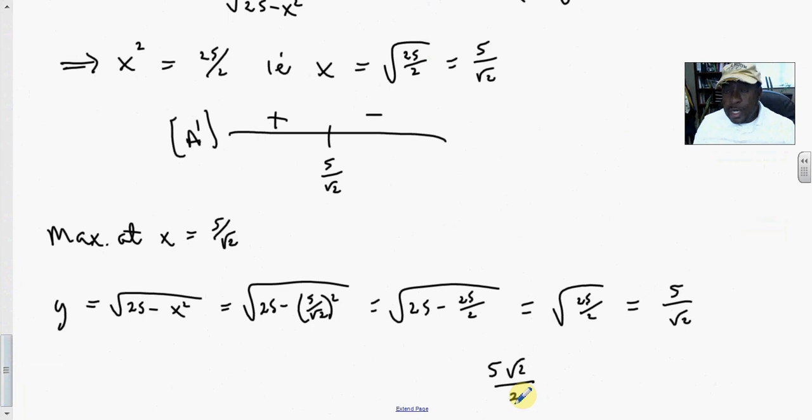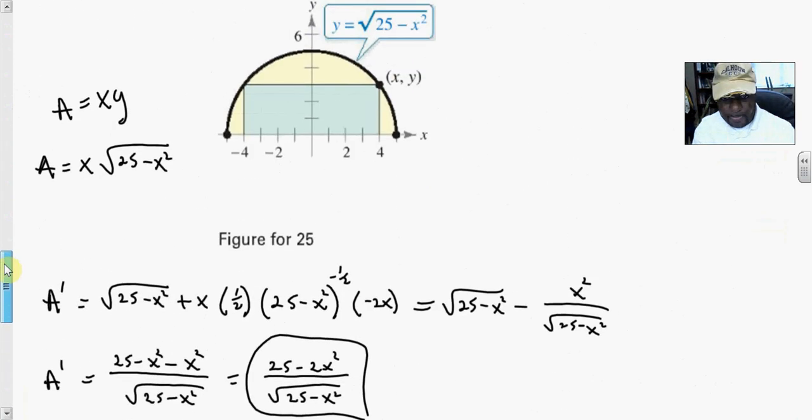So a number that I'm looking for is 5 times the square root of 2. That's weird. Let's see.